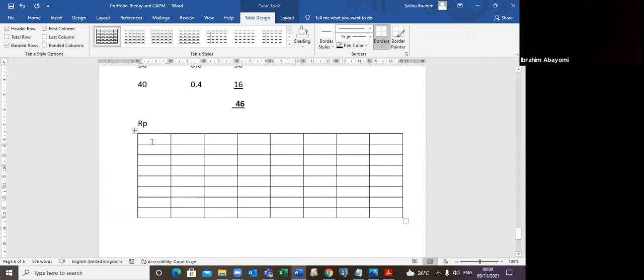Return on A, I can put as R of A, and return on B. Okay, let's do this.